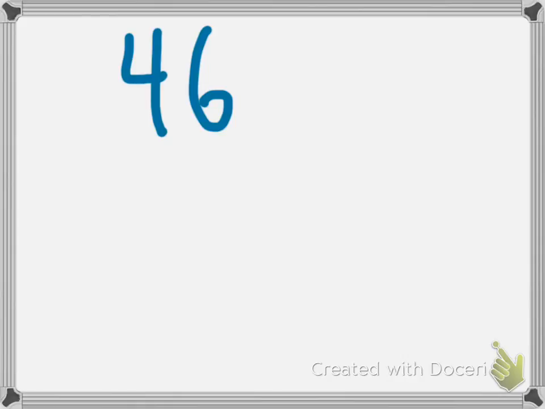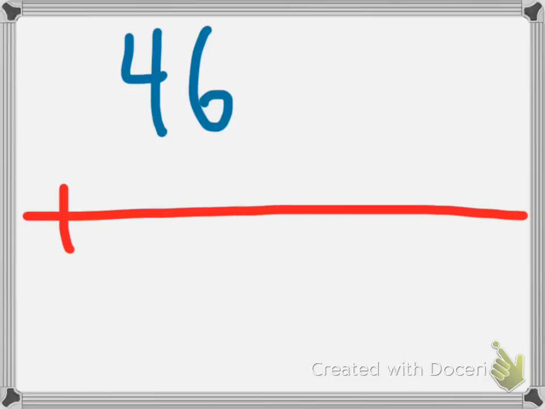Say we have a number like 46, and I want to see which 10 46 would round to, or which 10 it is closest to. So the first thing I need to do is draw a number line. This is an open number line.